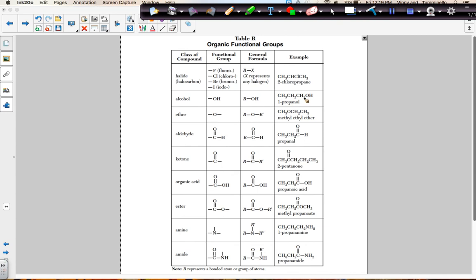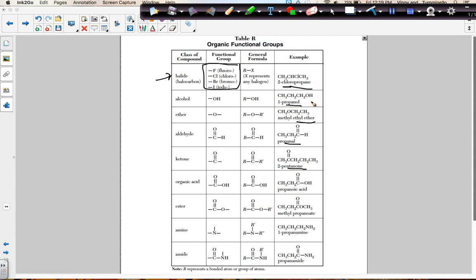The first thing that we should look at is the name. The endings will tell us something about the type of compound. Every time we have a chloro, a fluoro, a bromo, or an iodo, that's not the ending, but that's going to tell us that we have a halide or a halocarbon.